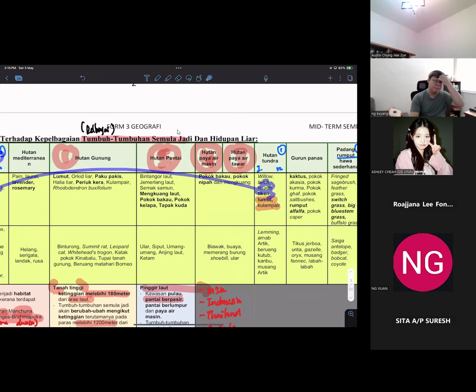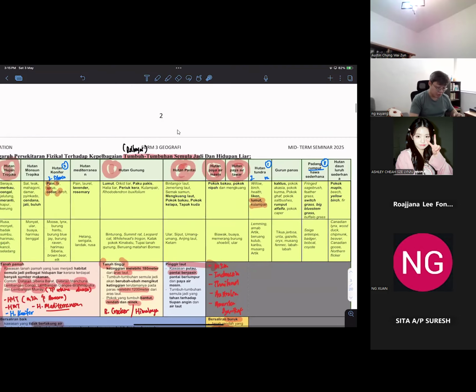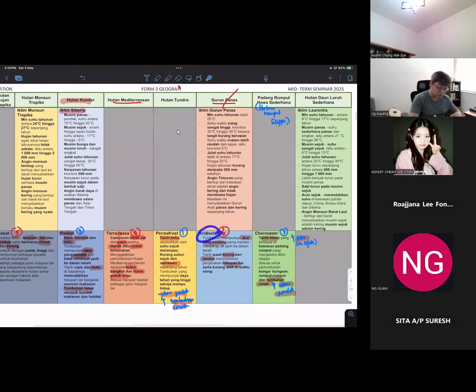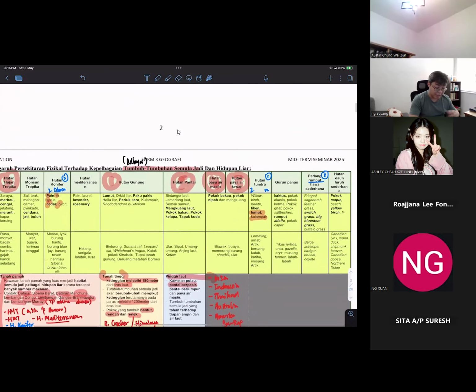So birch, B. Okay, so for the remaining RED source, this is Gurun Panas. So Gurun Panas, we have the pokok cactus, pokok acacia, rumput alfalfa, bushes, pokok kurumalo. So we have plenty of plants to grow here, but they are not going to stay near to each other. So this is not hutan. Gurun Panas is not hutan. It's just kawasan Gurun Panas. The remaining is all hutan. Why?